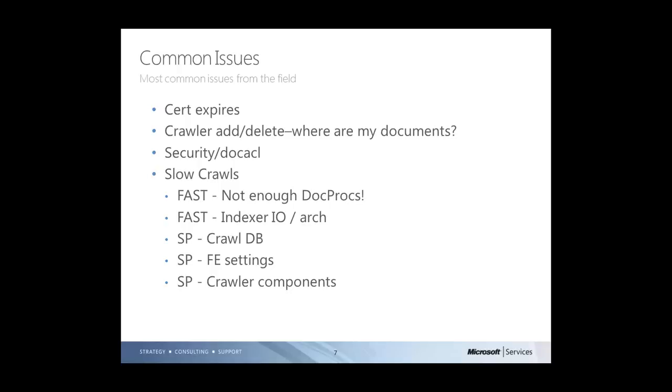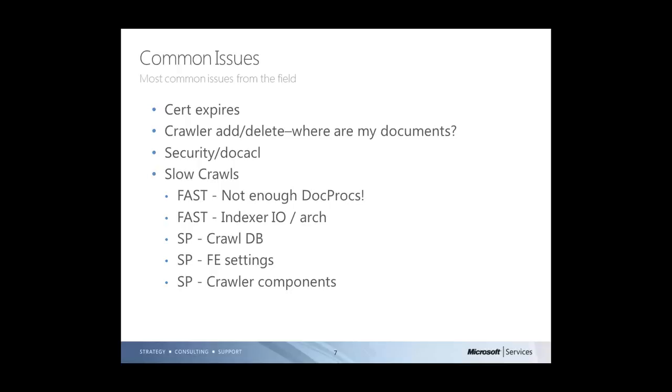If it speeds up, then it's a FAST issue. Because if you're suspending indexing, you're just writing to a file. FAST is doing nothing. You see your I/O drop off. So if it's speeding up, basically SharePoint's not the issue. It's dumping stuff to FAST, and FAST is backing up. So just doing that one troubleshooting bit will tell you if it's a FAST or SharePoint issue.